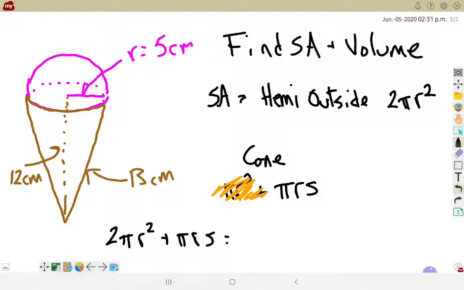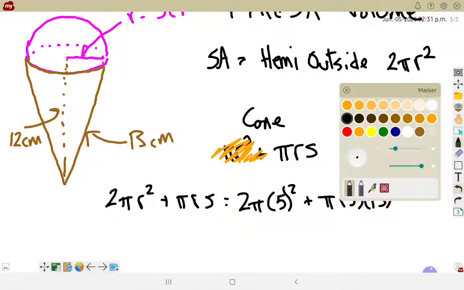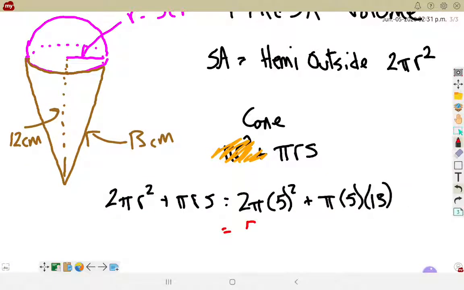As I substitute in my values, we have pi times the radius squared, plus pi, the radius is 5, and the slant height is 13. 5 squared gives me 25. 25 times 2 gives me 50, so I'm going to look at this as 50 pi. And then 5 times 13 is 65, so I have 65 pi.